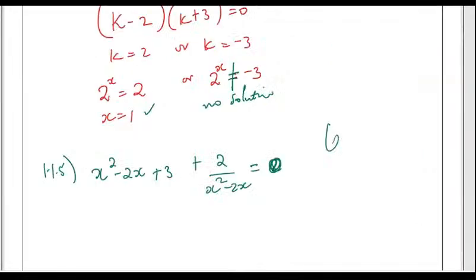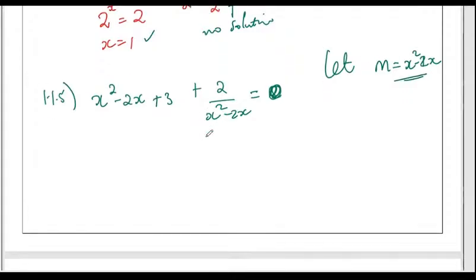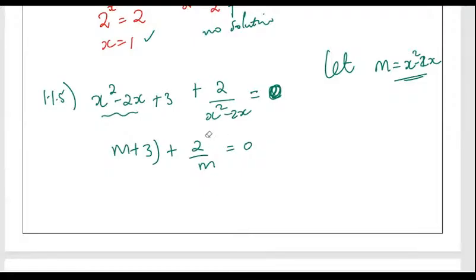Okay, so I'm saying let m be x squared minus 2x. Where there is x squared minus 2x, I'm going to represent it as m, meaning that in this case, I'm going to have m plus 3 plus 2 over m is equal to 0. So step number 1, I'm just going to multiply through by m.